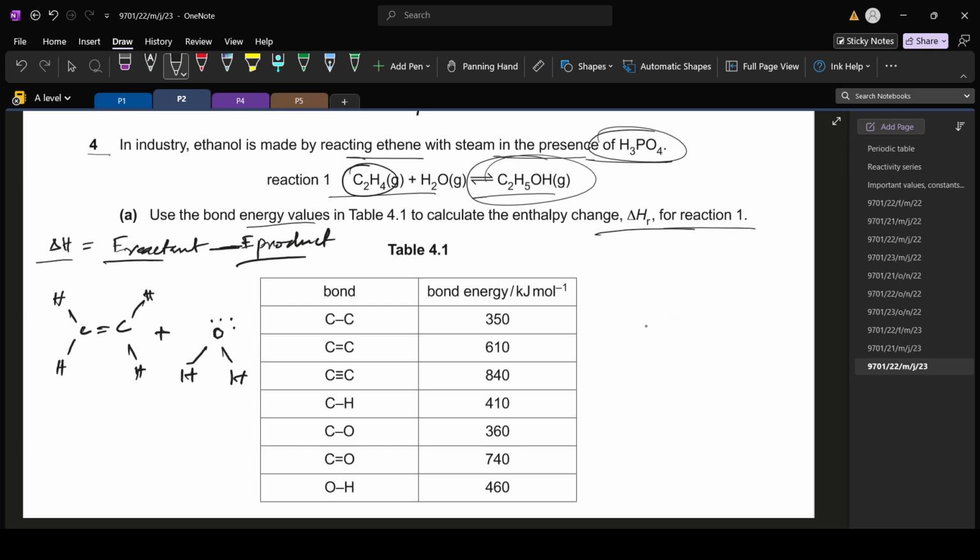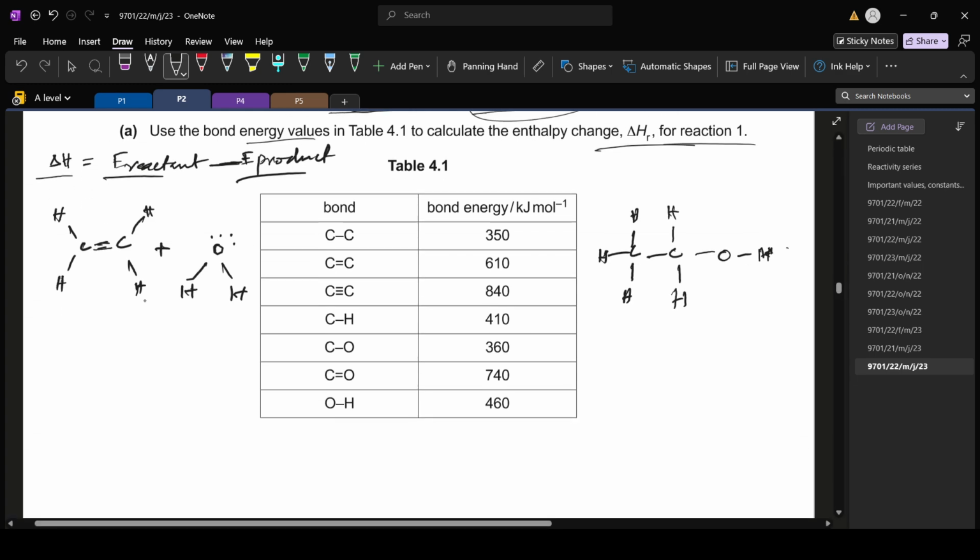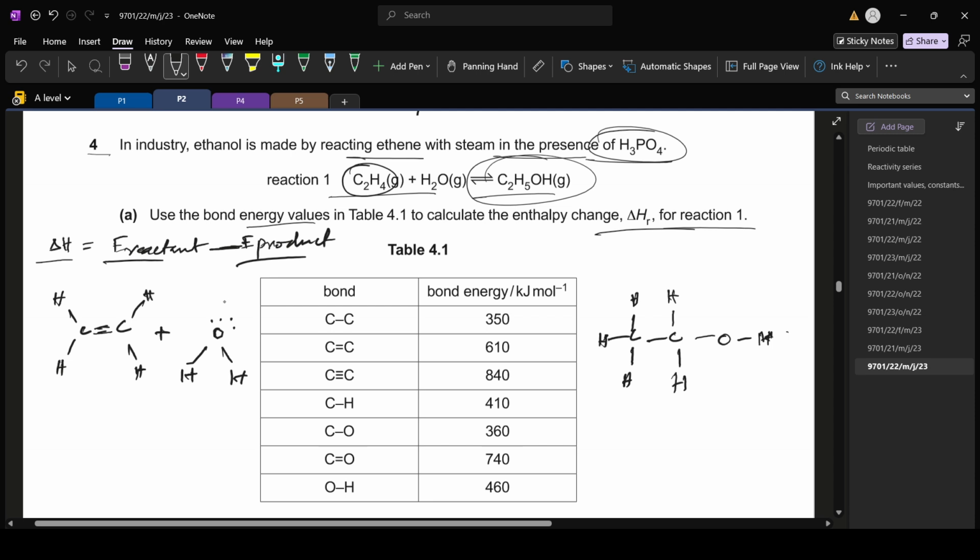And finally you have ethanol, which has a displayed formula like this: CH3, CH2, O, and H. I have drawn these displayed formulas so that you will have a better understanding of how to use these bond energies to calculate the energies of reactants and products.